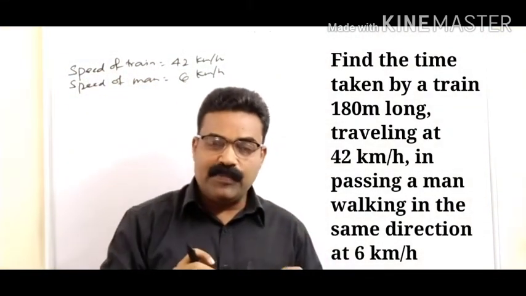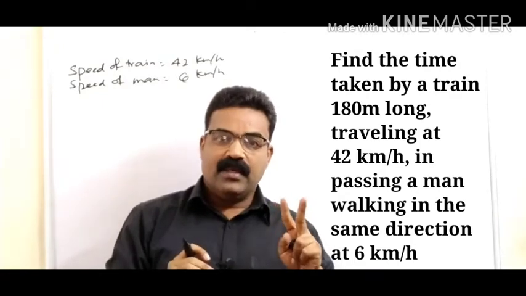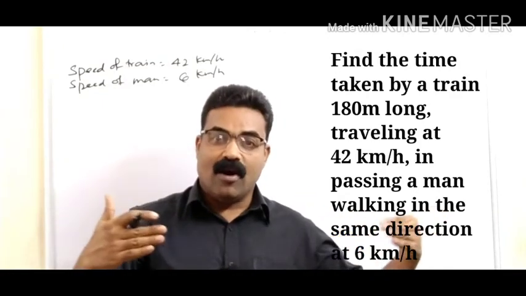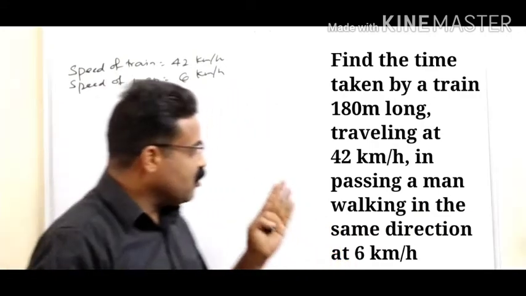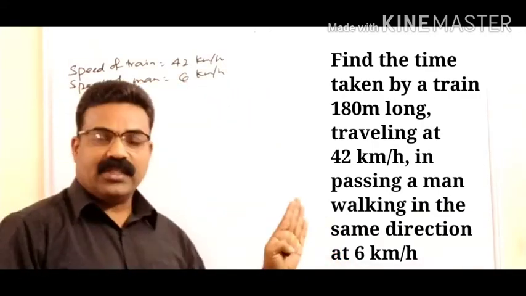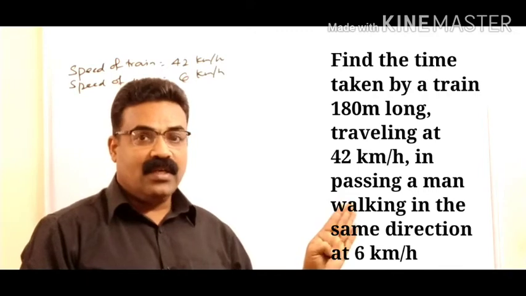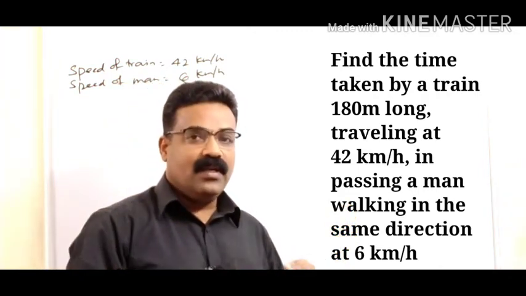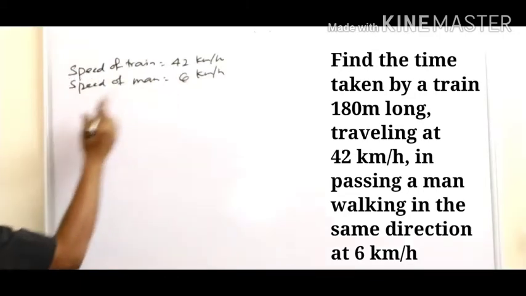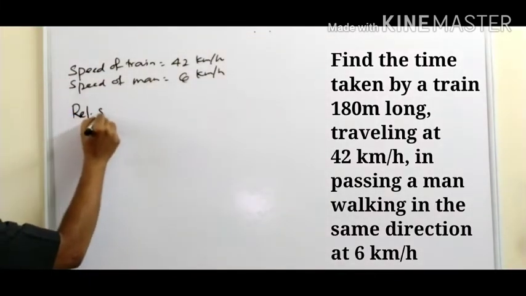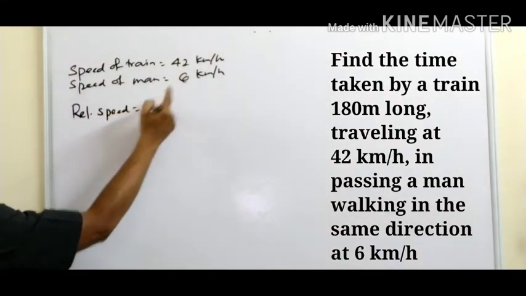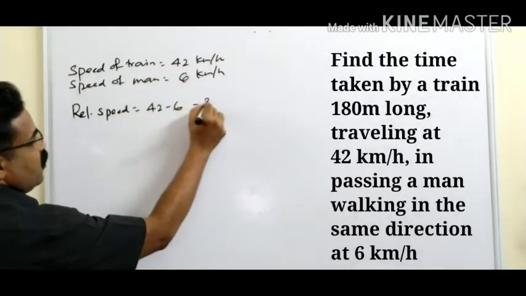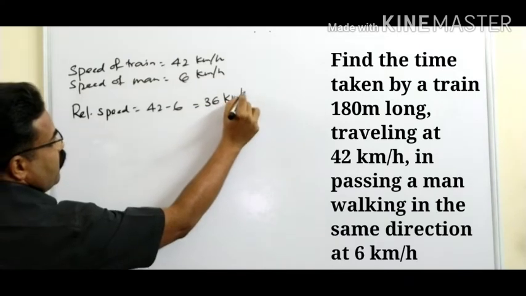And to take the relative speed, we have two conditions: when they are moving in the same direction and when they are moving in the opposite direction. In this particular question, they are moving in the same direction. When they move in the same direction, then we have to take relative speed is equal to the difference between the given speeds. So here relative speed will be equal to 42 minus 6. The difference will be equal to 36 kilometer per hour.